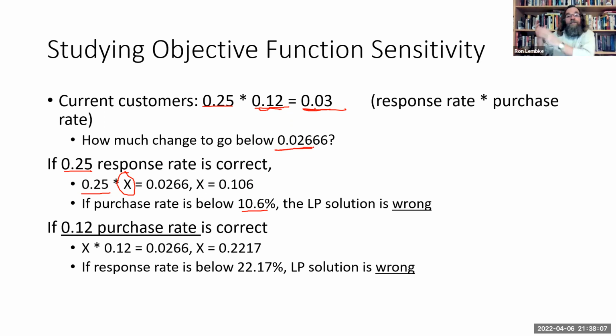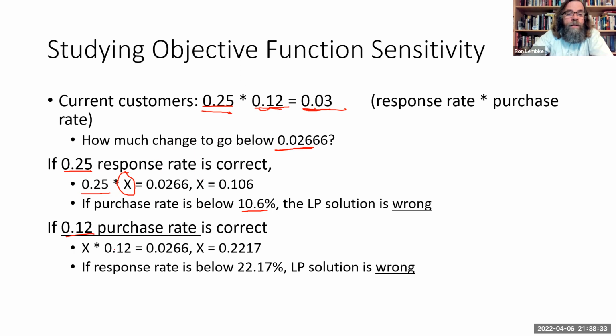So we think it's 12% of current customers who take a test drive will buy a car. But if it's not 12%, if it's only 10.6, our answer is not optimal. That's worth knowing, I think. Or looking at the other half of this number, if we assume that the 12% is correct, how wrong would the 25% have to be before we're doing the wrong thing?